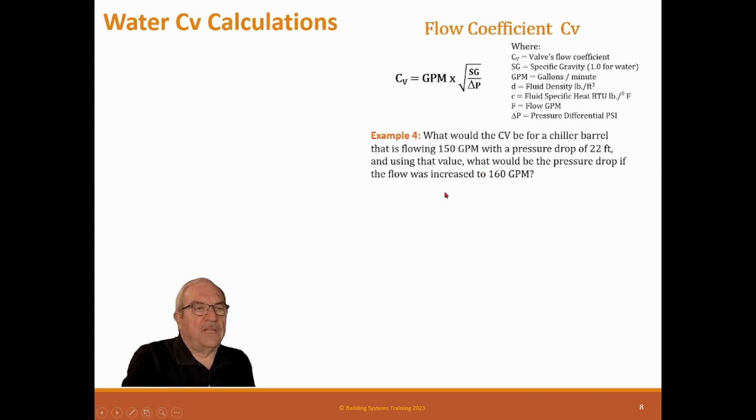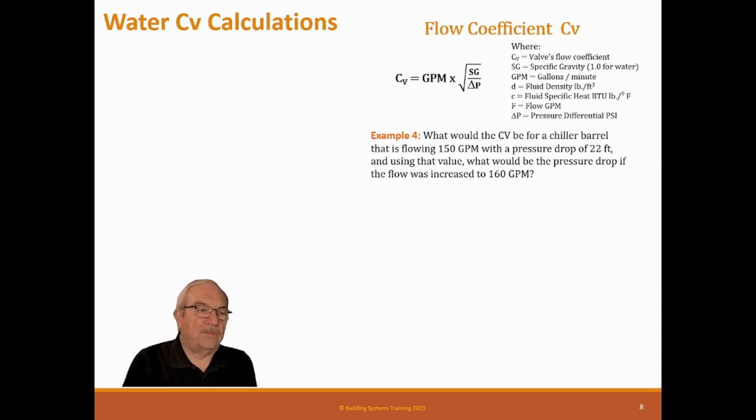So another example, what would the CV be for a chiller barrel that is flowing 150 GPM with a pressure drop of 22 feet, and using that value, what would the pressure drop be if the flow is increased to 160 GPM? Okay, this is where it comes in. CV can be used for lots of other things besides a control valve.